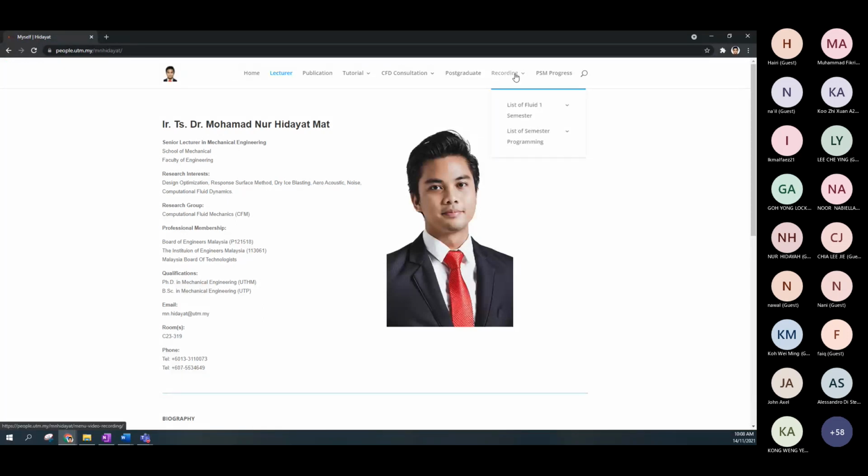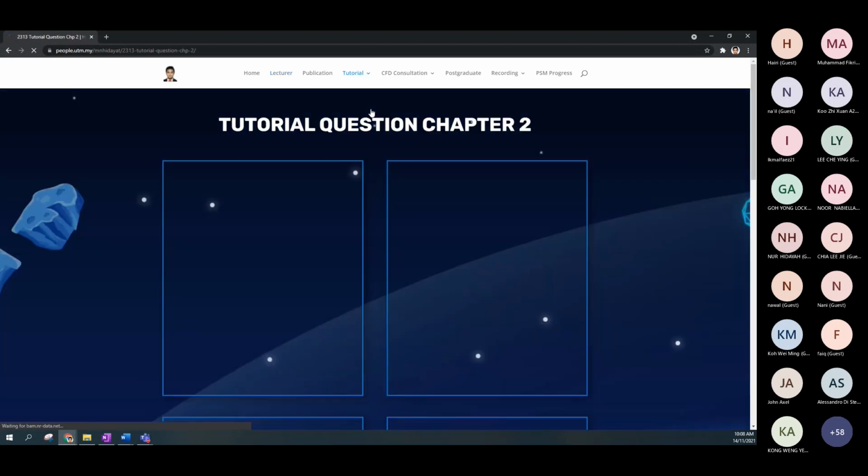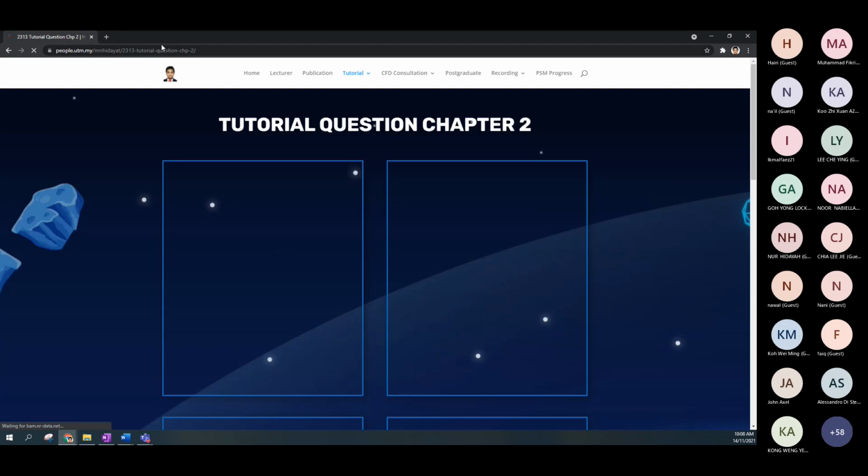This is the menu. In this menu, you go to the tutorial and click chapter 2. Here you can see a lot of tutorial questions that I have solved to help you in your test and final.